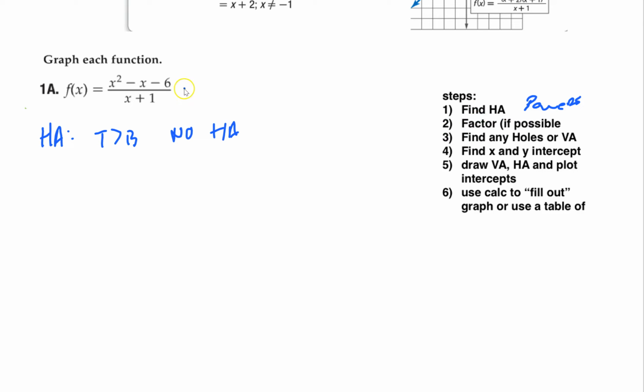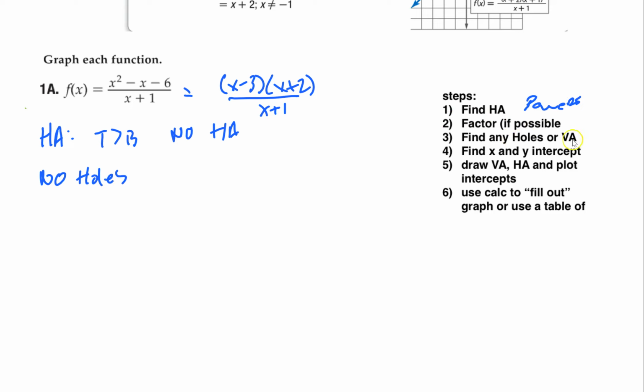The reason we want to factor is in case we have any holes, if stuff cancels out. So remember, we have to think of two things that multiply to get negative 6 but add to get 1. So x minus 3, x plus 2. They multiply to get negative 6, and the sum is negative 1, over x plus 1. Well, nothing cancels, so there's no holes.